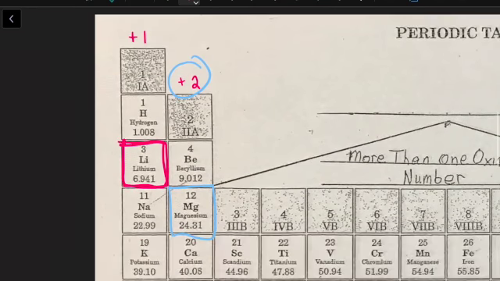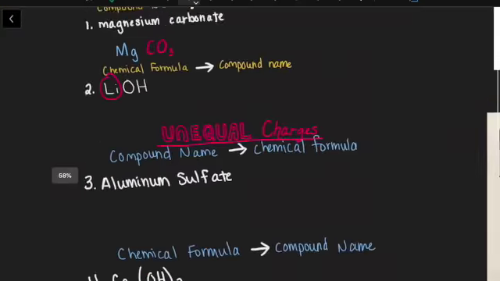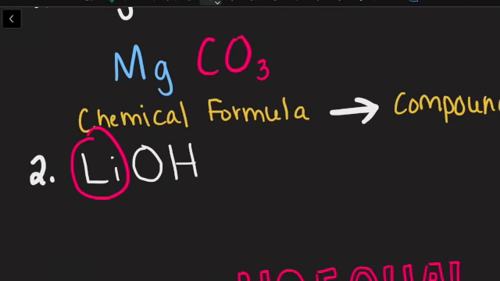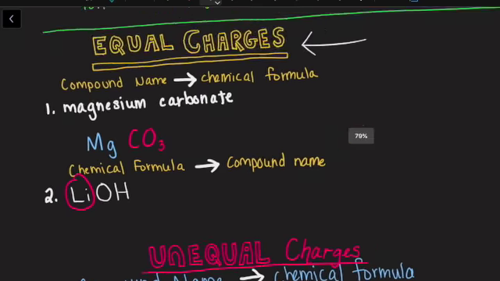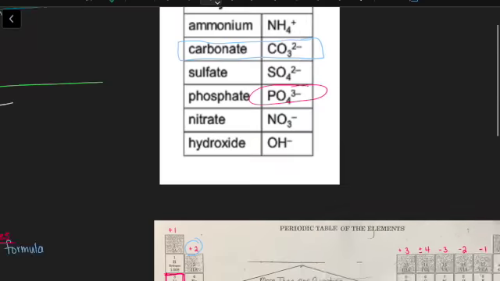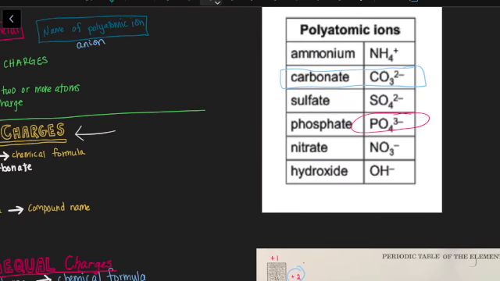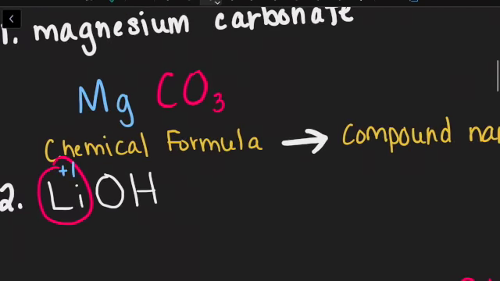Lithium has a +1 charge. And then OH, I can look at my chart to see OH down here, and it is a -1. So yes, it is balanced, so we are good to go.